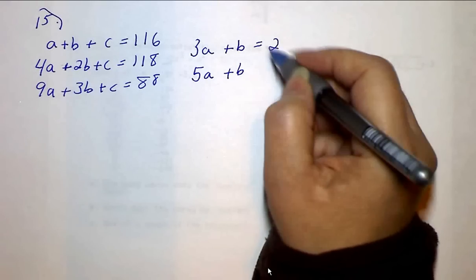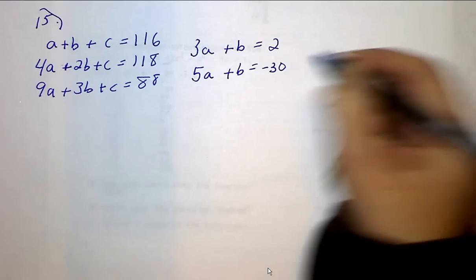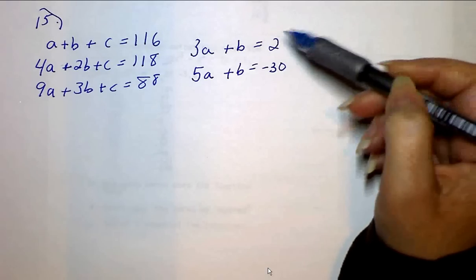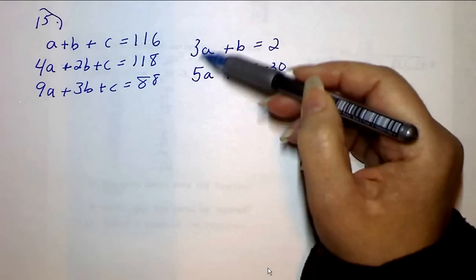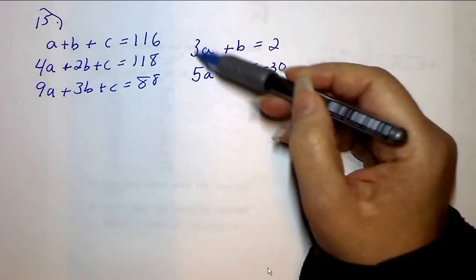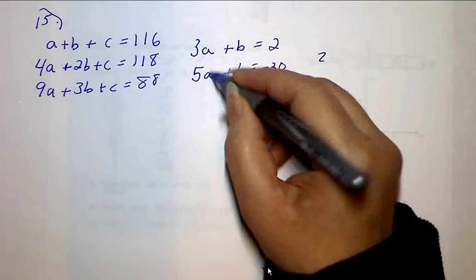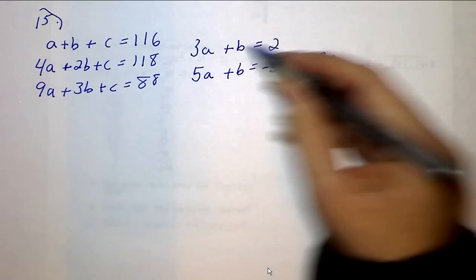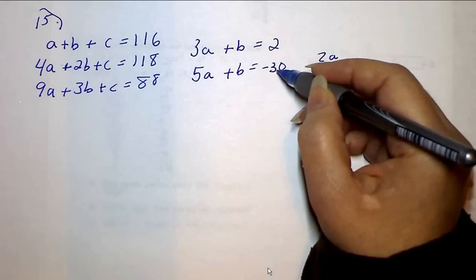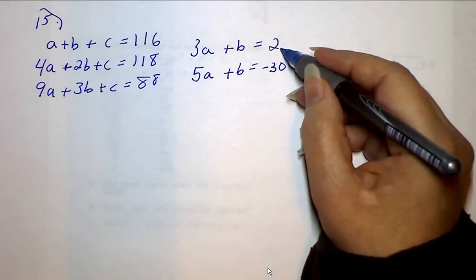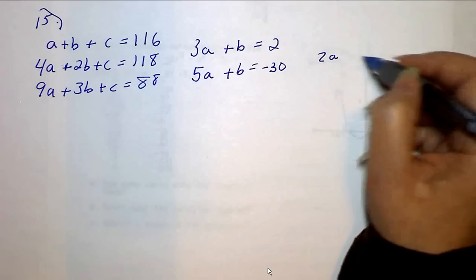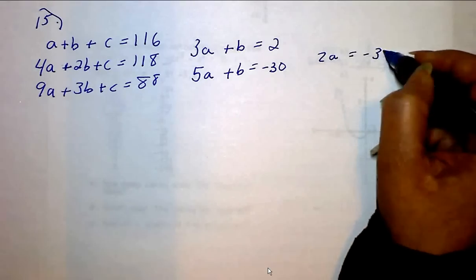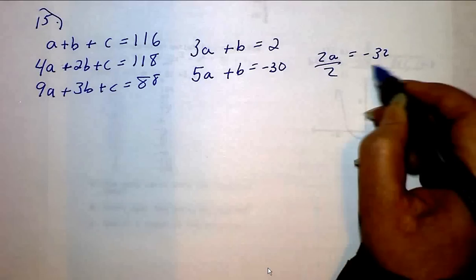Now I'm going to subtract these two. I have 5a minus 3a gives me 2a. b minus b is gone, and then I have negative 30 minus 2 gives me a negative 32. Then I would divide by 2, so a is equal to negative 16.